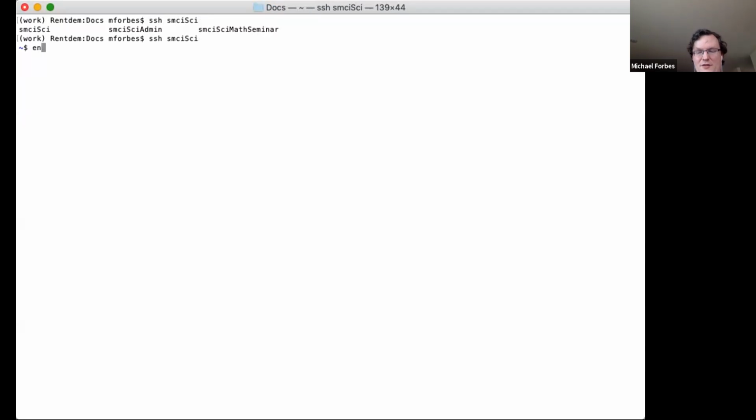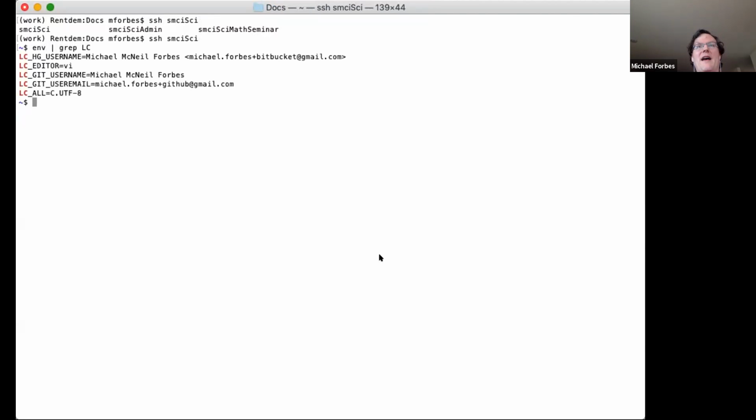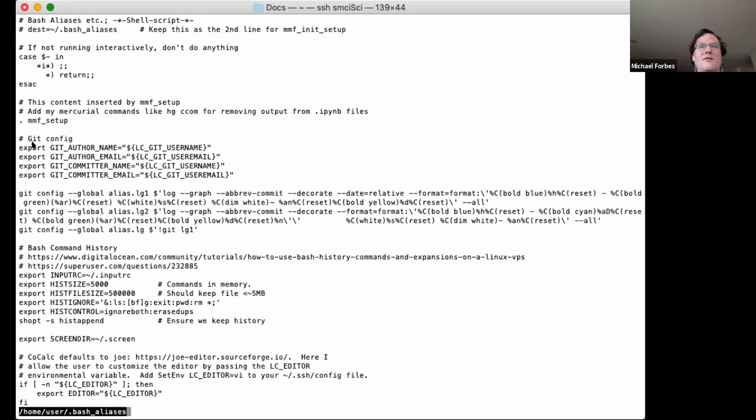If you look at your environment, I pass in the LC HG username, LC editor, and the Git stuff. This makes it so if you use version control, everything's set up. And then the .bash aliases file runs and sets things. For example, it'll configure Git and everything.